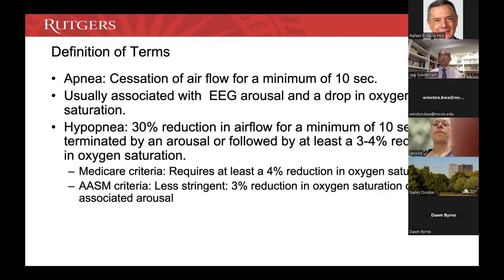Medicare requires the 4% desaturation, doesn't allow for the arousal as a mechanism for definition of hypopnea, whereas the ASM criteria is less stringent, suggesting just a 3% reduction or associated arousal being adequate for a definition of hypopnea. So clearly the apnea-hypopnea index based on the ASM criteria is often more frequent than that of the Medicare criteria.